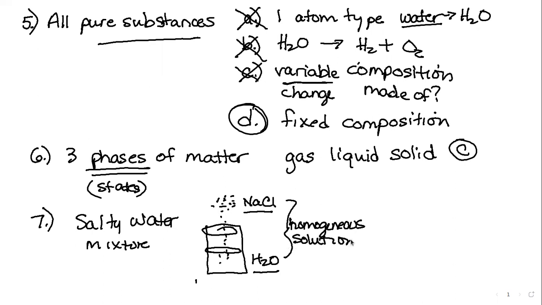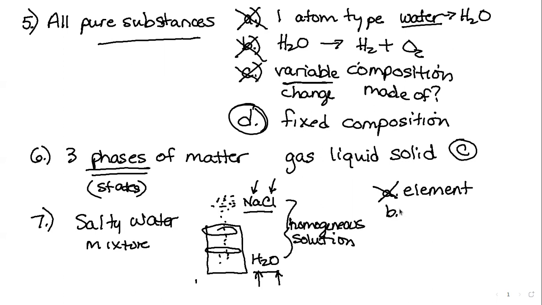Okay, so let's figure out which it was. Salty water is best classified as an element. Does it have one element? No, it has 4 different elements. It has sodium in it, it has chlorine in it, it has hydrogen in it, it has oxygen, so it is not one element.